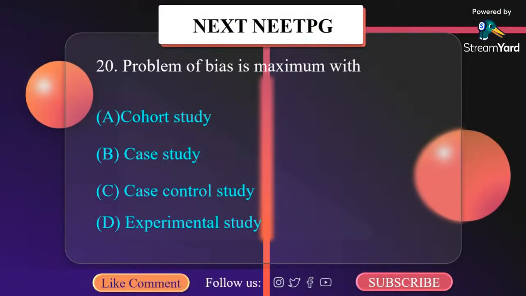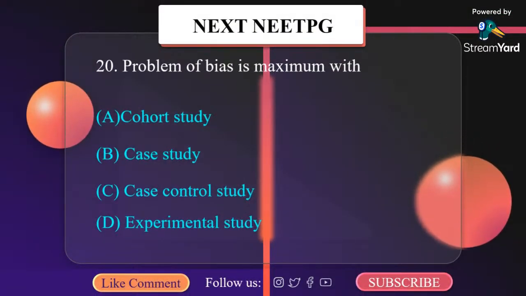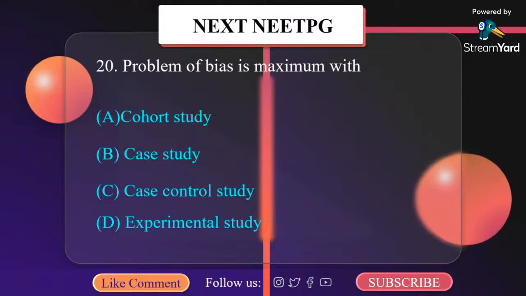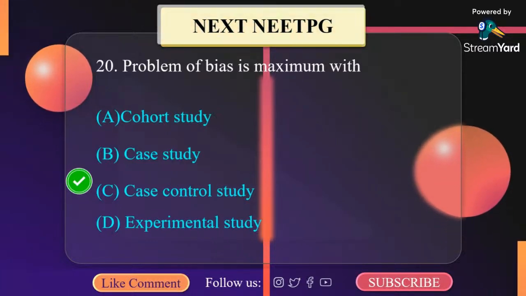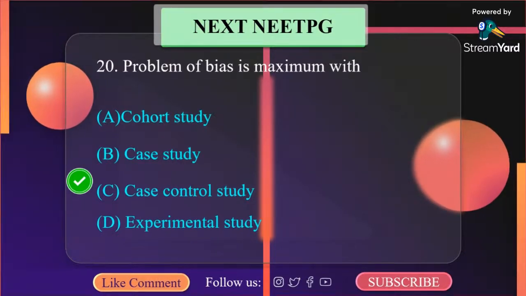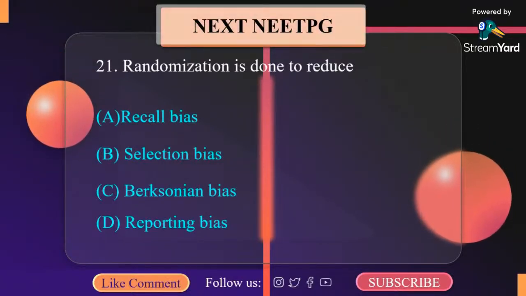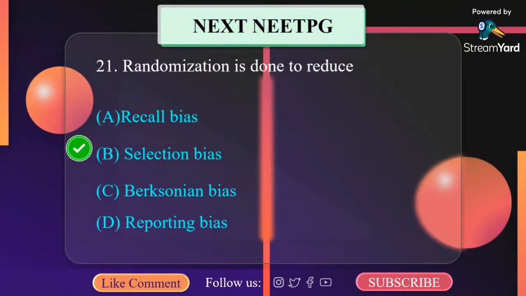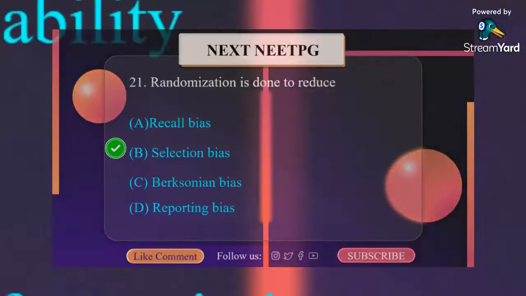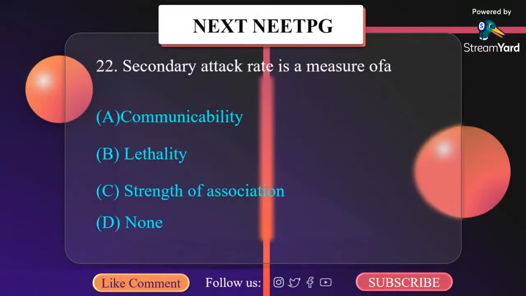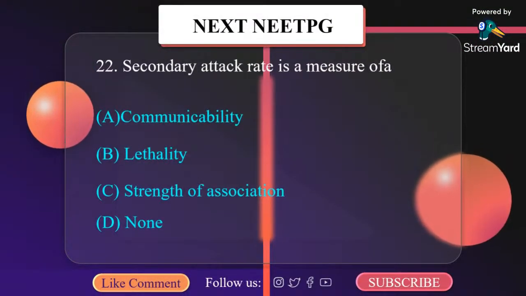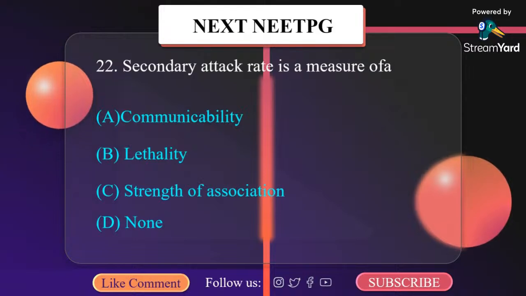Problem of bias is maximum with A. Cohort study, B. Case study, C. Case control study, D. Experimental study. It is case control study. Randomization is done to reduce A. Correct option here is B. Selection bias. Secondary attack rate is a measure of A. Communicability, B. Lethality, C. Strength of association, D. None.